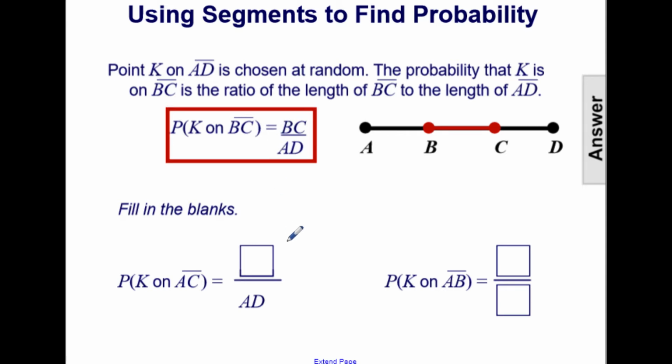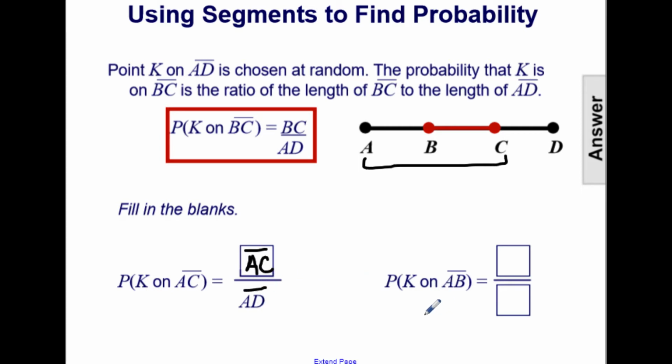So now let's try finding the probability of these. First, the probability of K on AC, this segment here, would be the favorable segment length AC over segment AD.